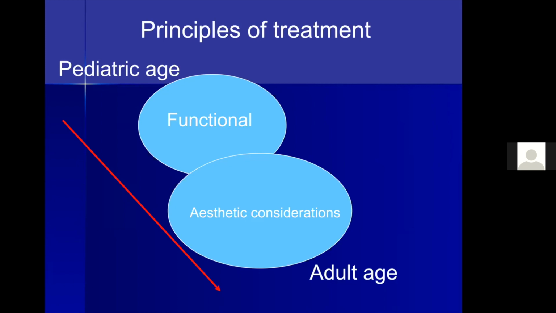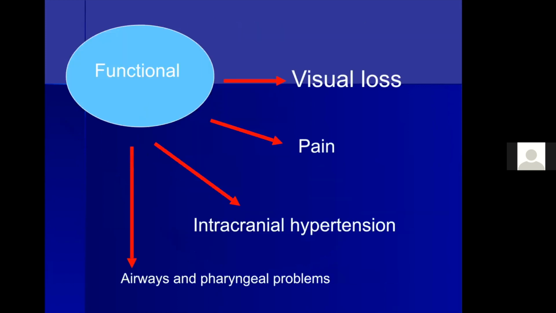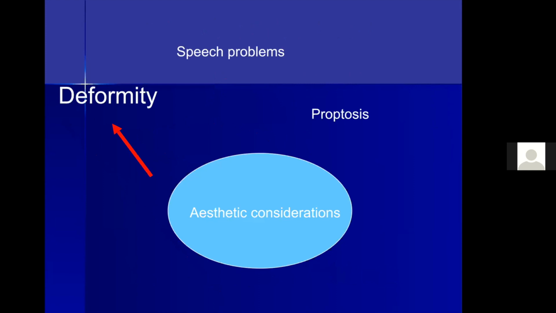In adult age, it becomes much more aesthetic. The functional issues are, of course, visual loss, pain, intracranial hypertension, and airway and pharyngeal problems, especially in syndromic craniosynostosis. Sometimes it could lead to speech problems due to deformity, proptosis, of course, and aesthetic consideration.